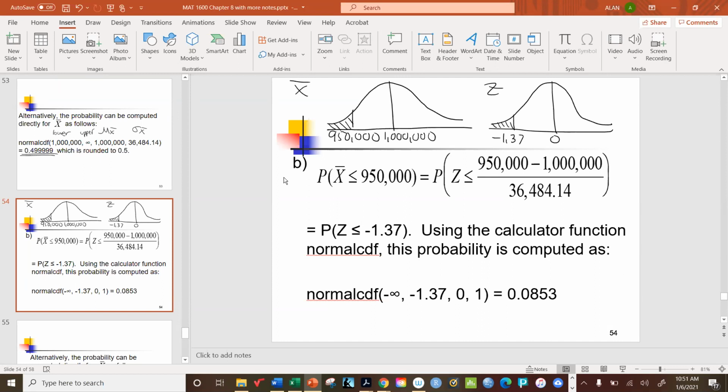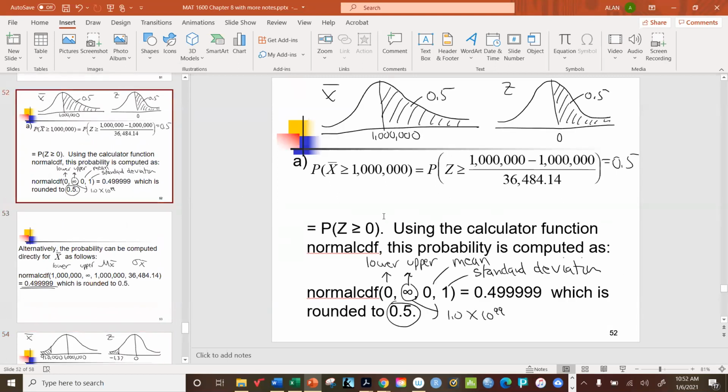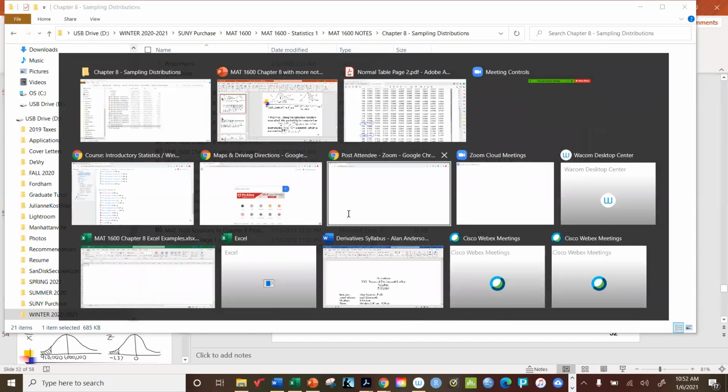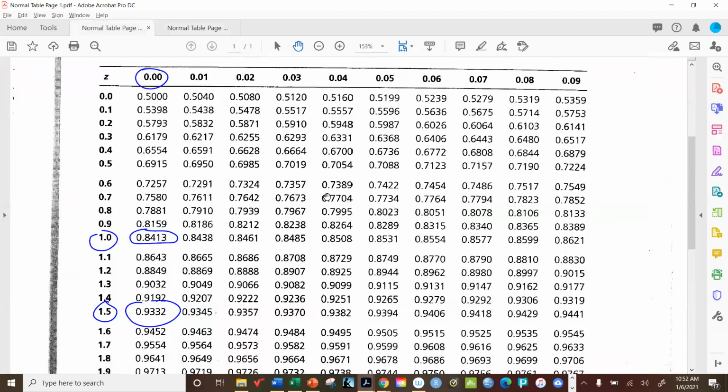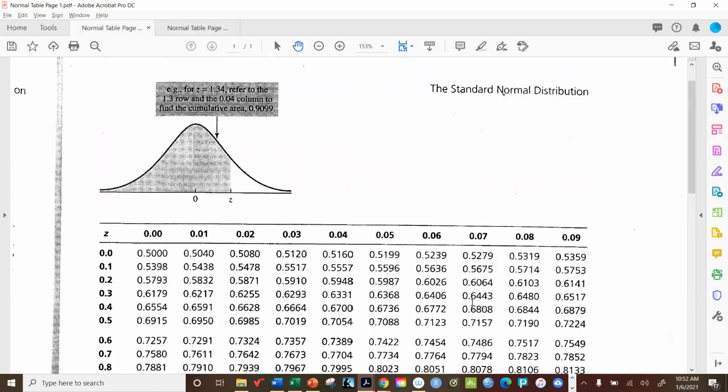Let's do that real fast and see what this looks like. So this is our lower limit. This is our upper. This is the mean. By the way, I almost forgot. Let's go back to our chart for a second for this one. 0, where is 0 on our chart? 0 is in the extreme upper left-hand corner of this positive chart. Okay, and you can see that it is in fact 0.